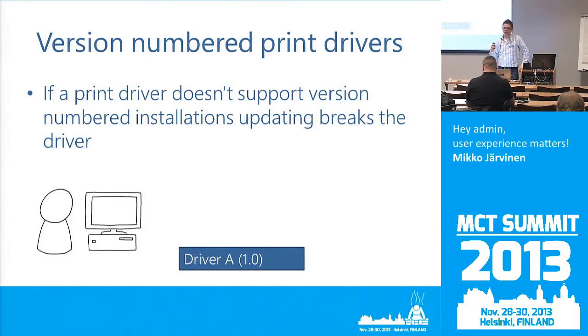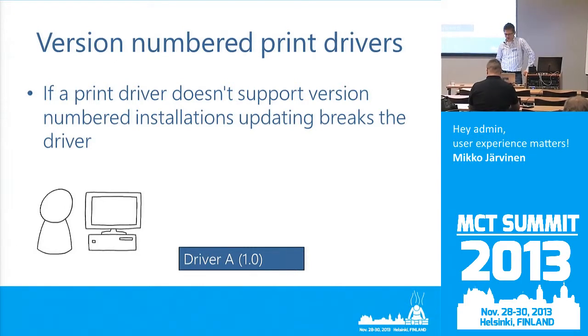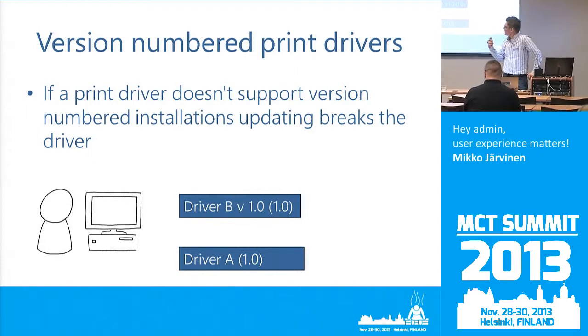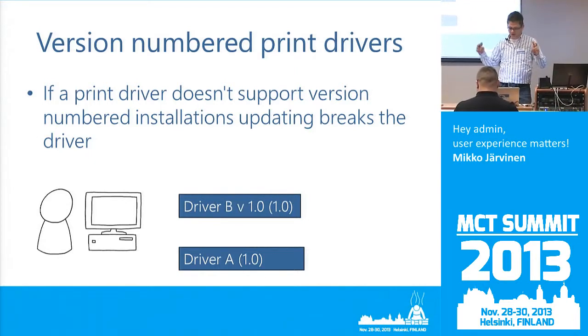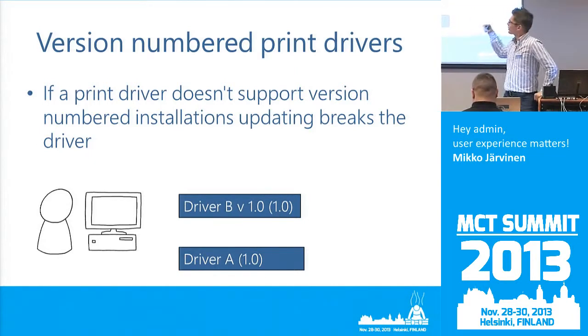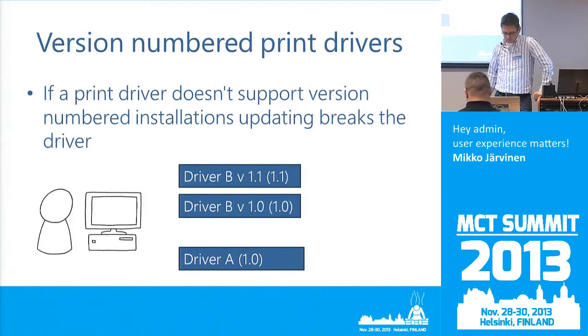This is a driver A, which is not version numbered. It has version 1.0 installed. Then the driver B, it supports the version numbered installations. And these drivers come from the print server to the client. Then the driver B gets a new version, and we install it on the print server, and we change it to the print queue, and the client copies the files and it changes that print driver.